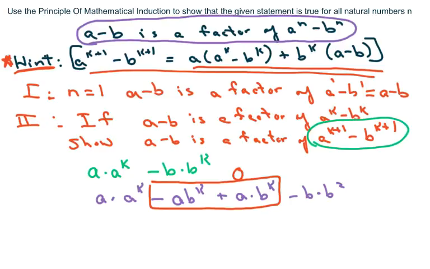So now I'm going to write this again: a times a to the k minus a times b to the k, plus a times b to the k. That's the 0 part we're adding in.